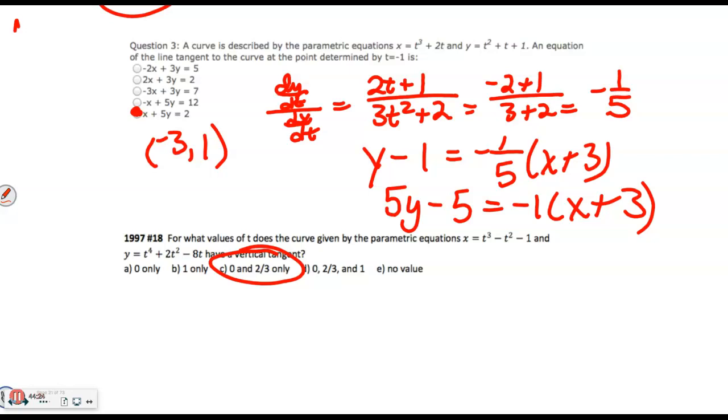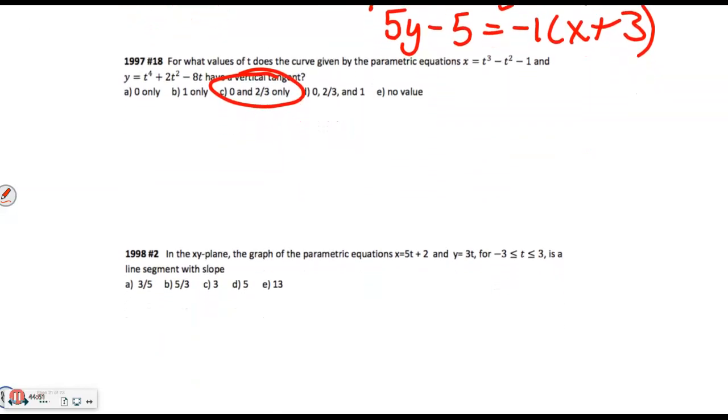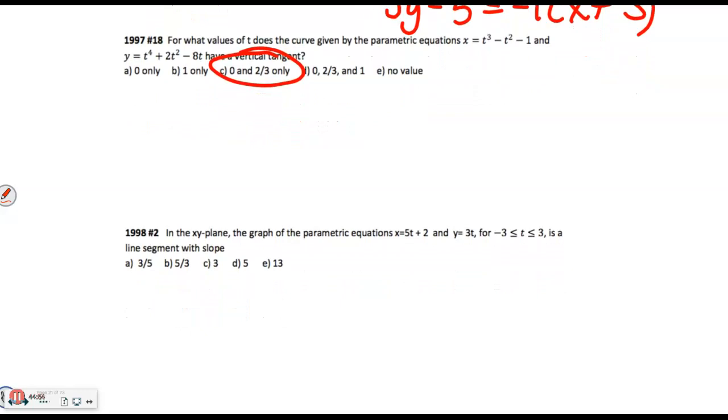I bet you find your answer. Oh, you're being very careful. Good girl. Do we agree with the 1997 one being 0, 2/3? Mm-hmm. And this one's really easy because it's just, make sure you don't say 5/3. It's dy/dt over dx/dt for 3/5.